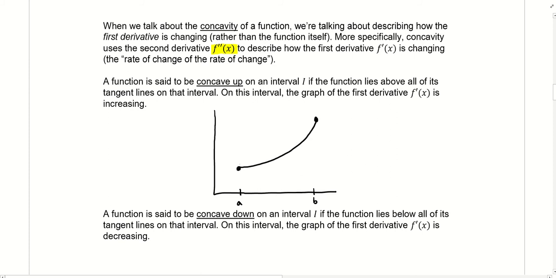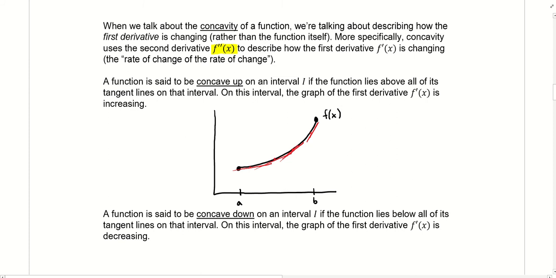I'm going to miss that when we get back in person and I have to draw in pen. So what does it mean for the function to lie above all of its tangent lines? Well, if I think about the tangent lines to this function, if I just pick a couple points, there's my tangent line there, there's my tangent line there, there's a tangent line, there's a tangent line.